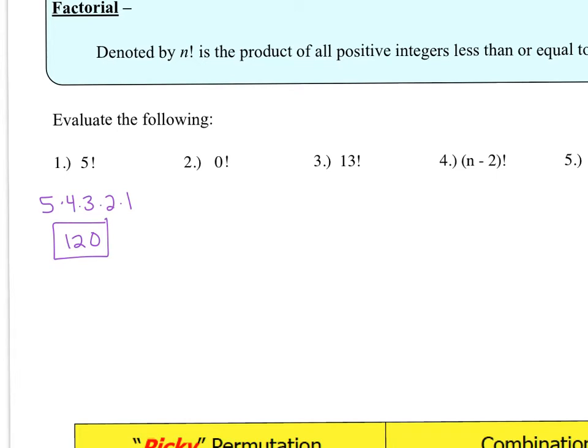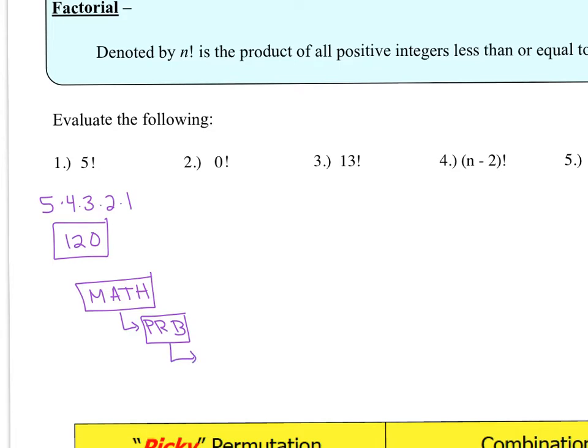For number 2, 0 factorial, I guess now would be probably a good time to show you where you can find factorial. So in a graphing calculator, you're going to go to Math, and then you're going to choose the option for PRB for probability, which is all the way to the right, so you can either arrow over to the right, I think it's 4 times, or if you just arrow to the left once after you hit the math, then you should see probability.